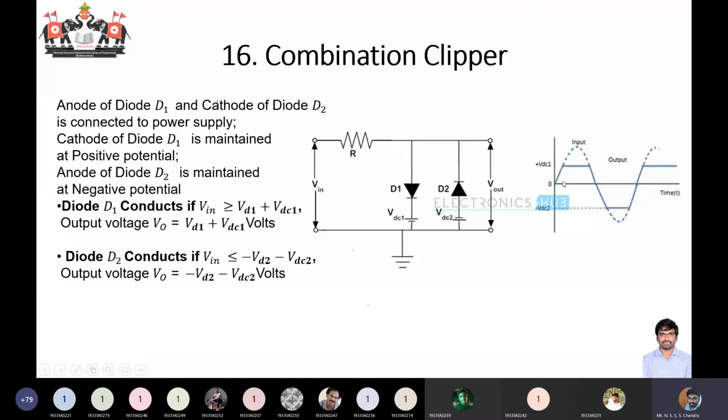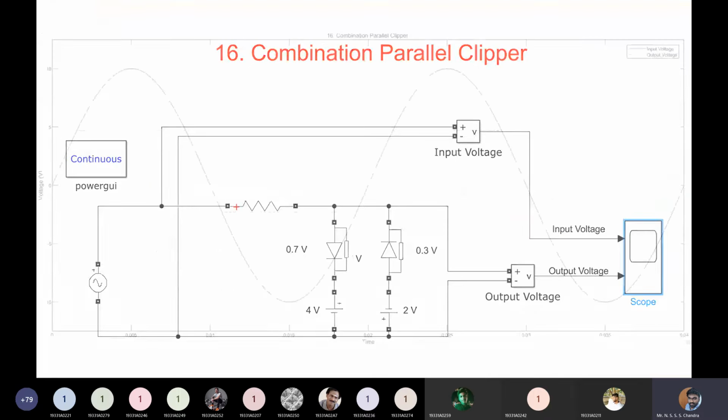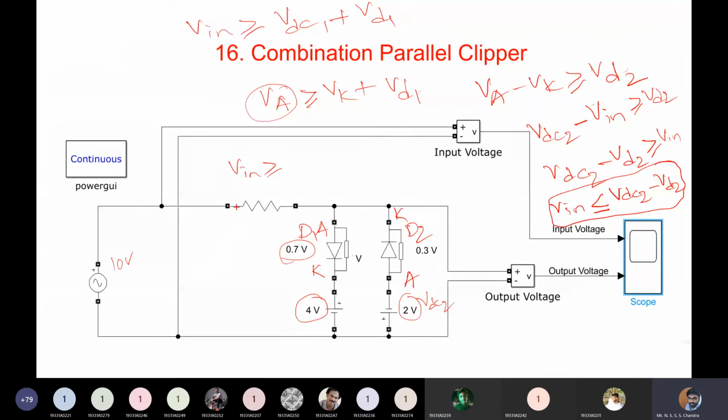So for the diode D1 to conduct, we have written VIN is greater than or equal to VD1 plus VDC1. And for the diode D2 to conduct, VIN should be less than or equal to... Sorry, for diode D2 we have minus VDC2, right?